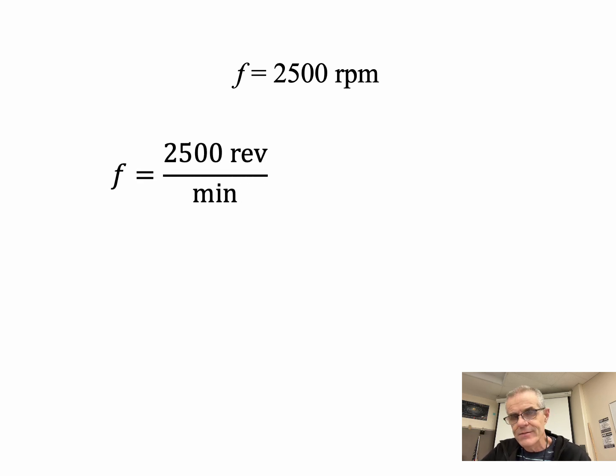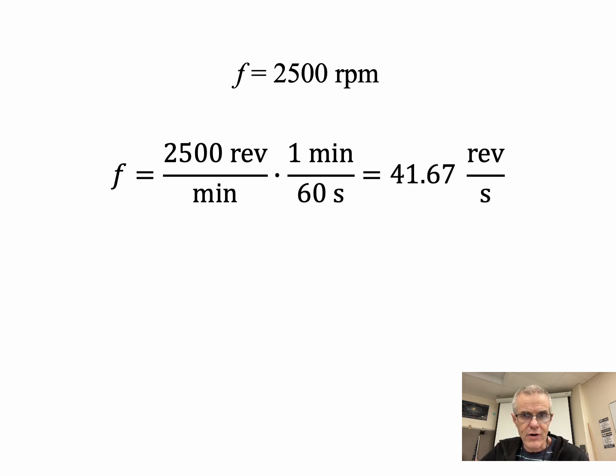Write it like this and do a unit conversion: 2,500 revolutions divided by minutes, and then using the factor label method, we can convert that into revolutions per second by dividing by 60 seconds. The minutes cancel, and I get the number of revolutions per second, which would be 41 2/3 revolutions per second.